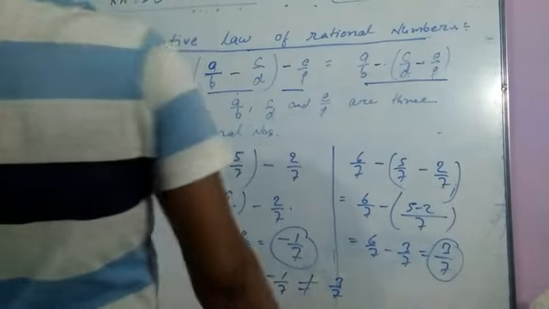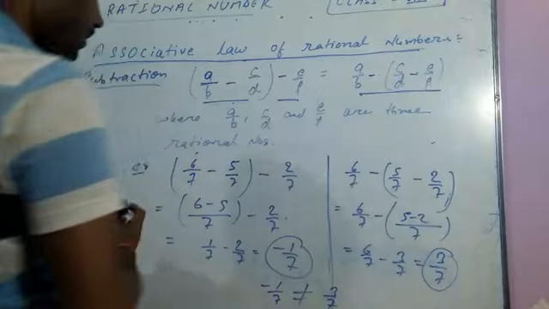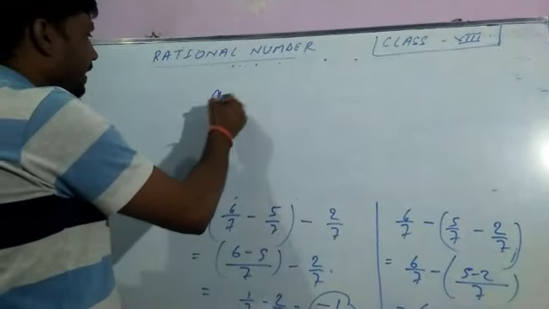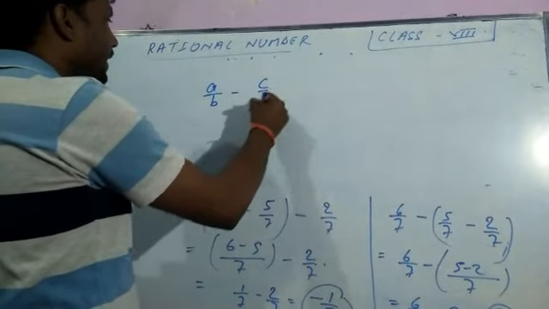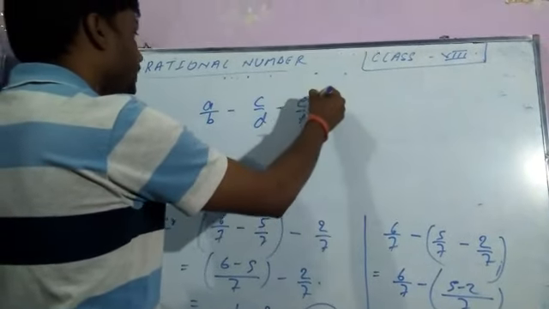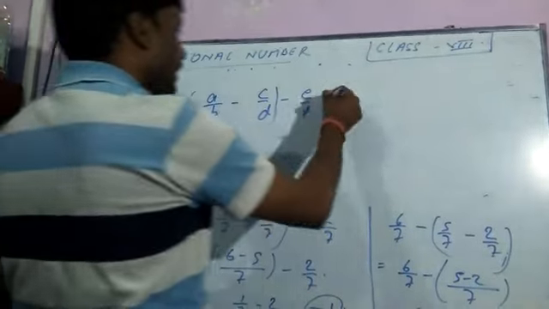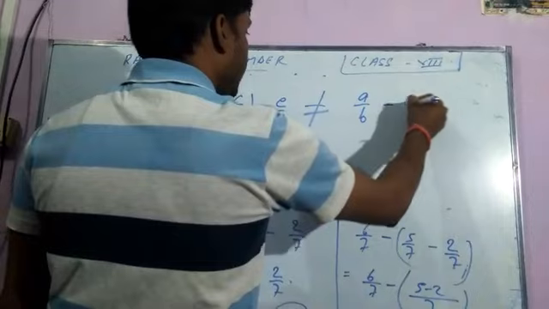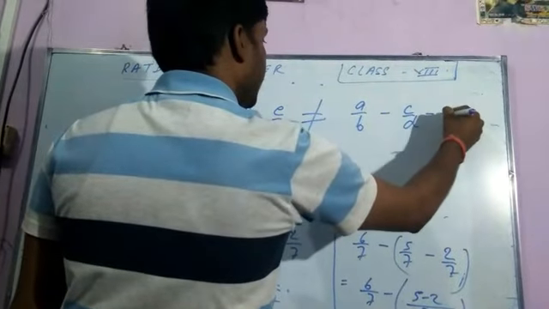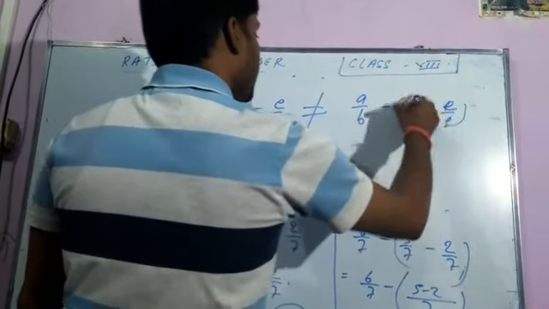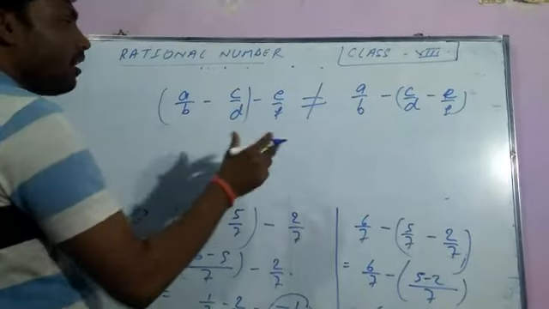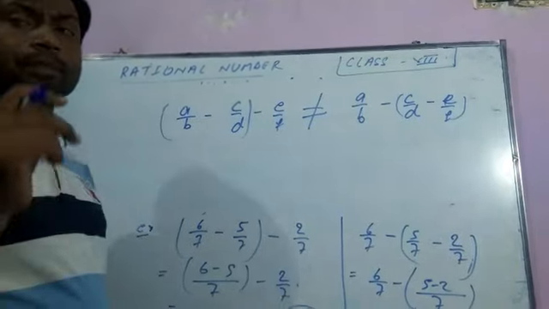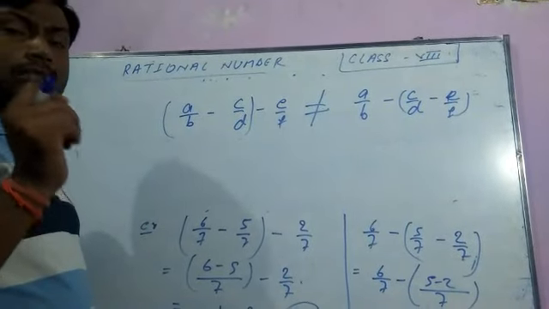It means that (a/b − c/d) − e/f is not equal to a/b − (c/d − e/f). This does not follow the associative law. It means that subtraction does not follow the associative law.